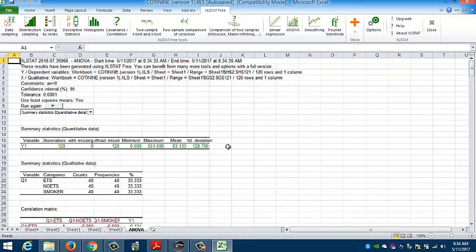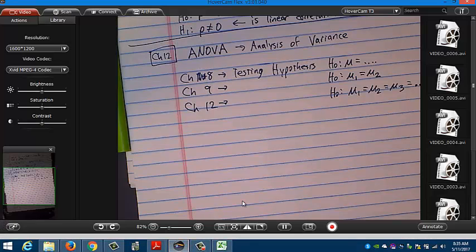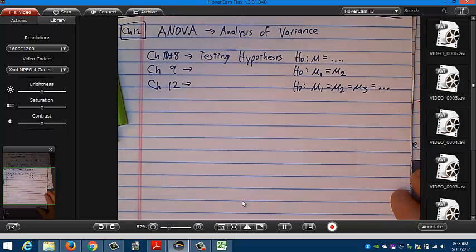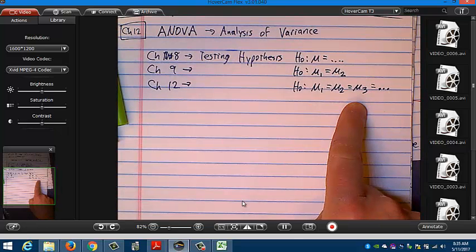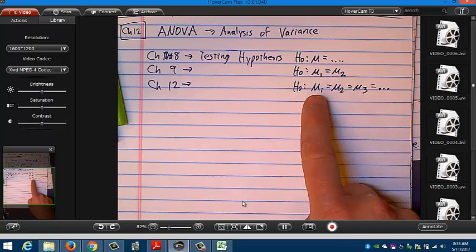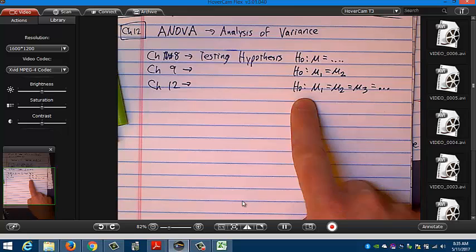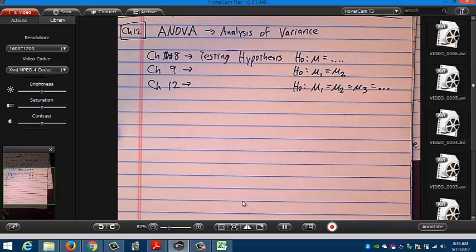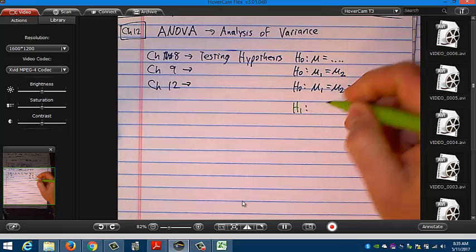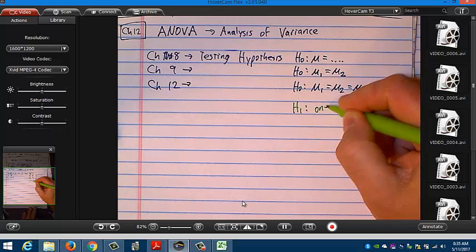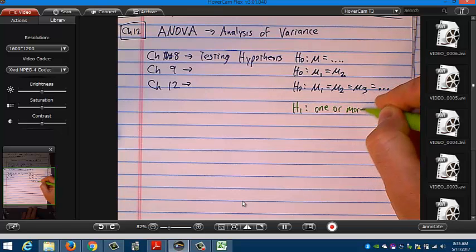You might remember the F distribution is one-tailed. It only goes to the right. So what we really want to look at is, are we going to reject or fail to reject the null hypothesis? The null hypothesis in this chapter 12 has to do with three means. I wrote this down yesterday for you guys. Are the means equal? That's the null hypothesis. The alternative hypothesis would be that one or more are not equal.